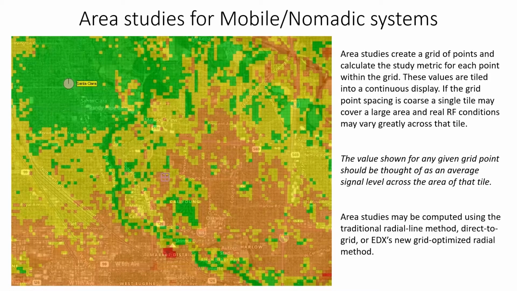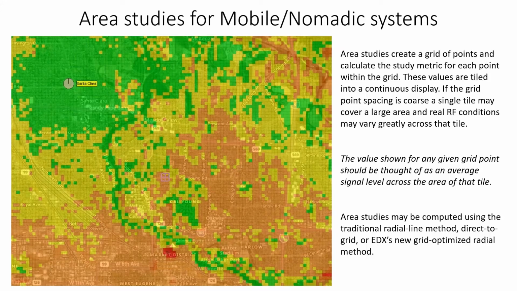And so the downside to the direct to grid method was that it can take a really long time to finish those calculations. And it was the only way to get rid of the problem of those radial lines spreading out as you get farther from the site.